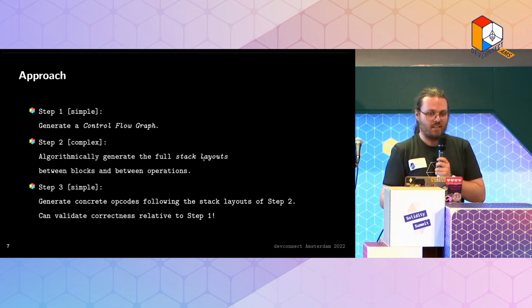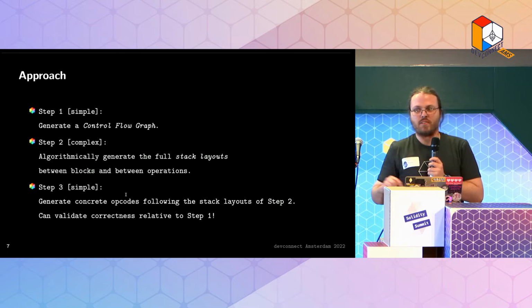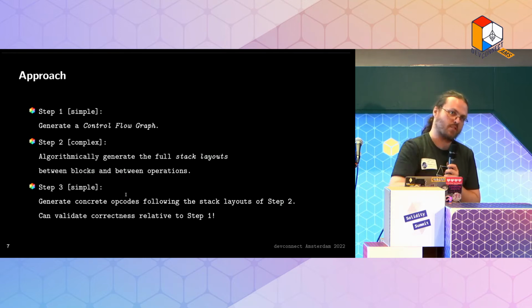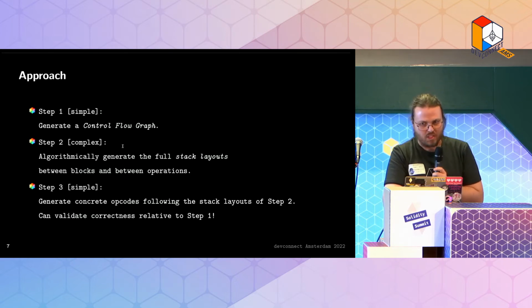The idea is I could replace step 2 with randomly generated stack layouts, and only those that would lead to valid bytecode would pass the third step. So while the middle step can be complicated, we don't lose any safety in the process.